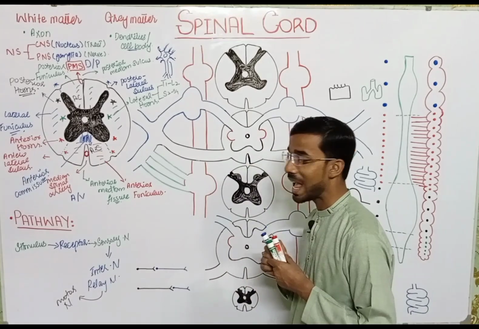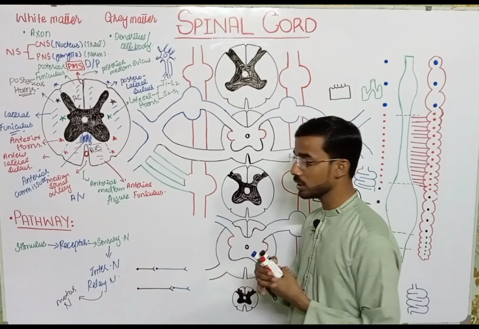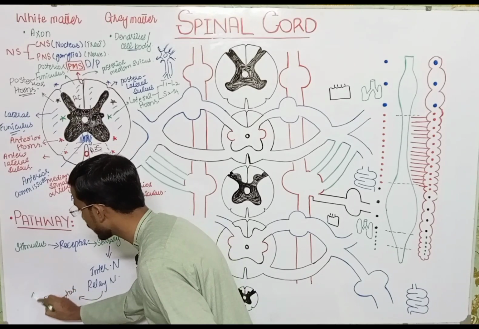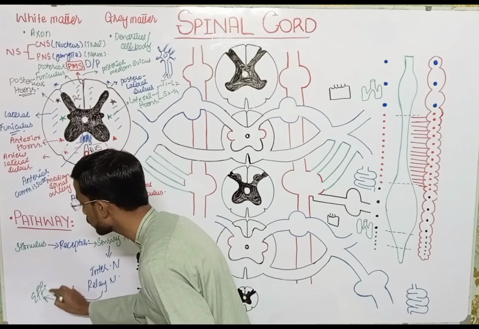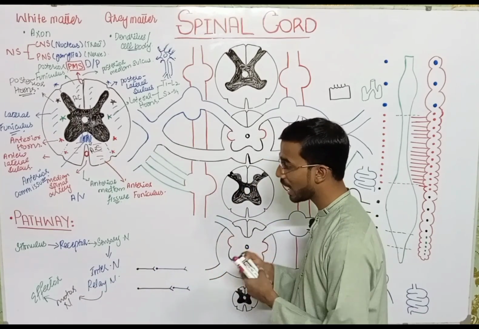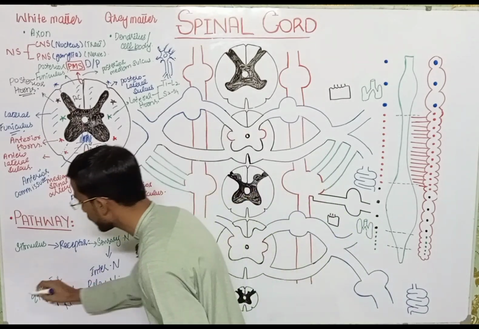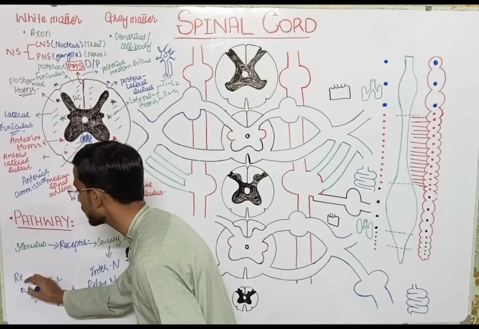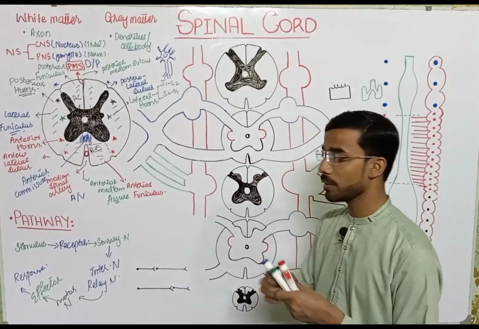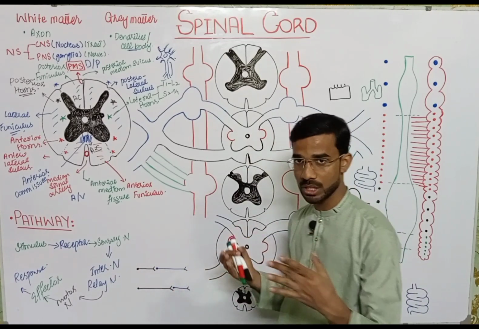From the interneuron, the message is transferred to the motor neuron, and from the motor neuron the message goes to the effector. That can be muscles or a gland, and ultimately you will see the response. So this is the basic pathway of the nervous system.